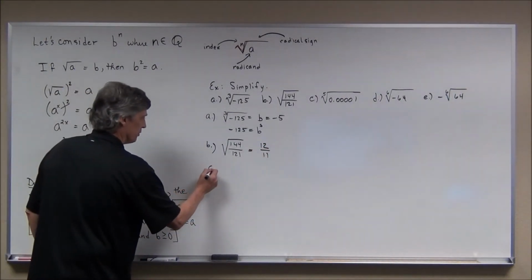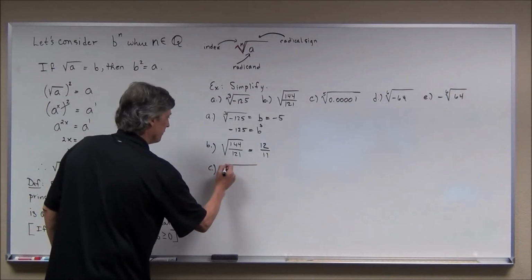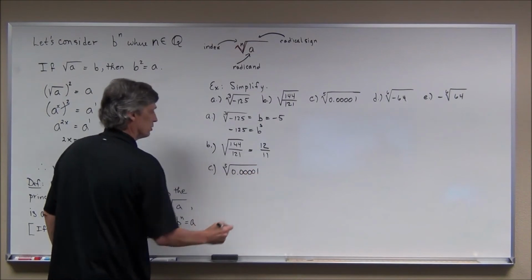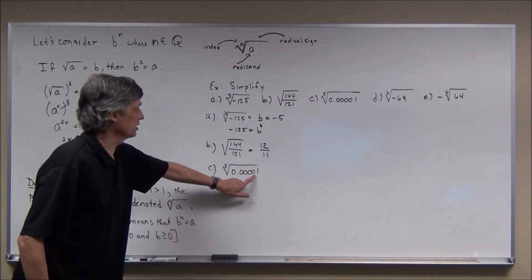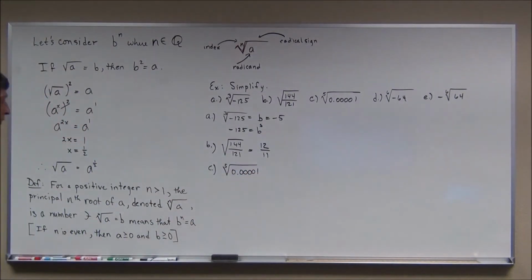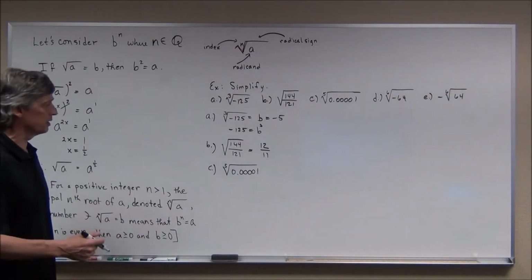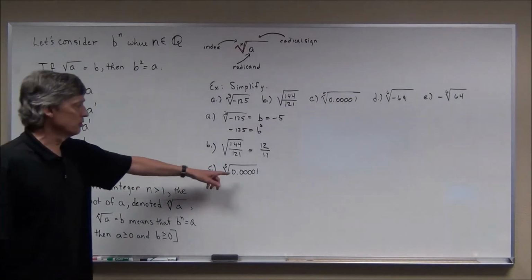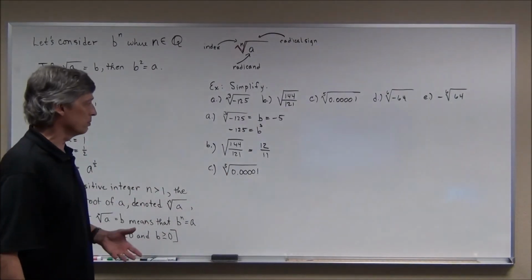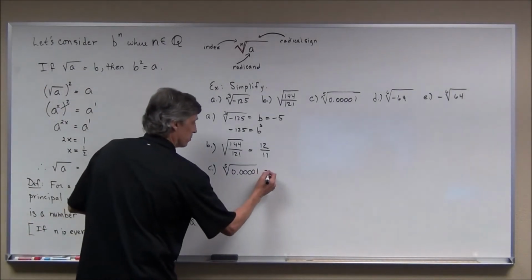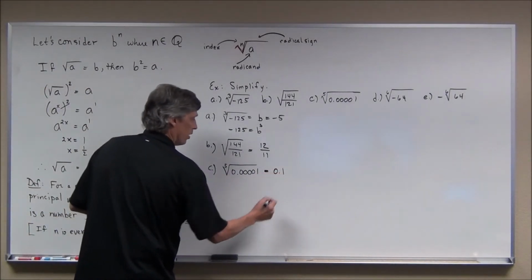A little bit tougher to do in your head with the decimal is the 5th root of 0.00001. Tenths, hundredths, thousandths, ten-thousandths, 1/100,000th. The 5th root of that. Well, I'm looking for a number times itself, times itself, times itself, times itself. That's going to give me this really small number. Now I know when I multiply with decimals, I have to add decimal places, so I'm thinking that this is probably 0.1.